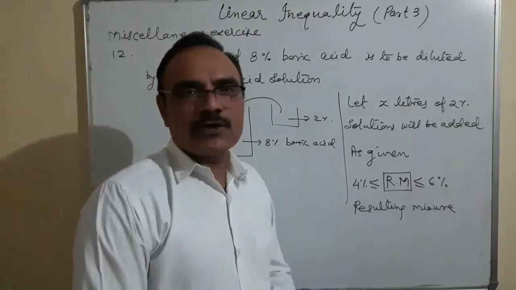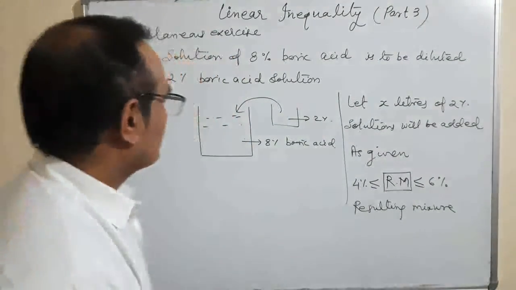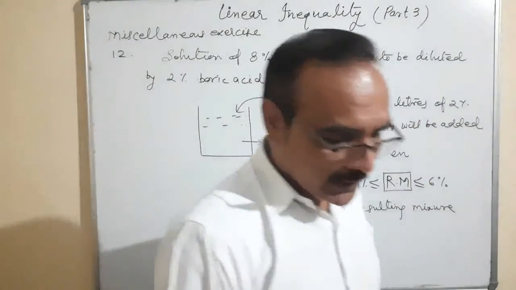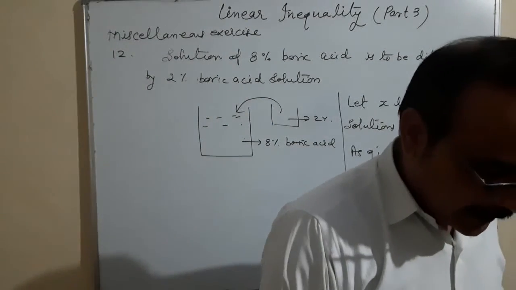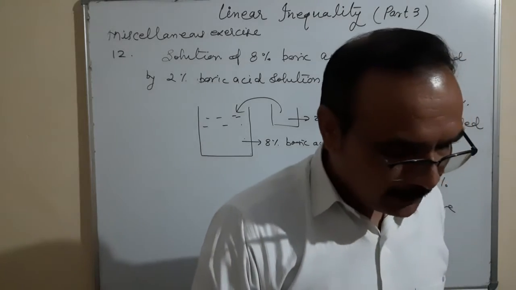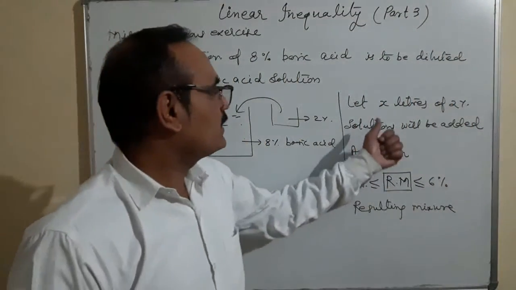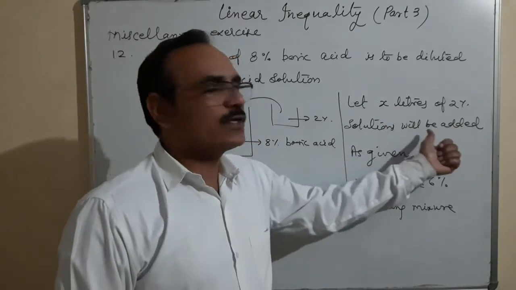First of all, we are going to make a concentrated solution. So how to make it? This line says we have 640 liters of 8% solution, and X liters of 2% solution we are going to add.